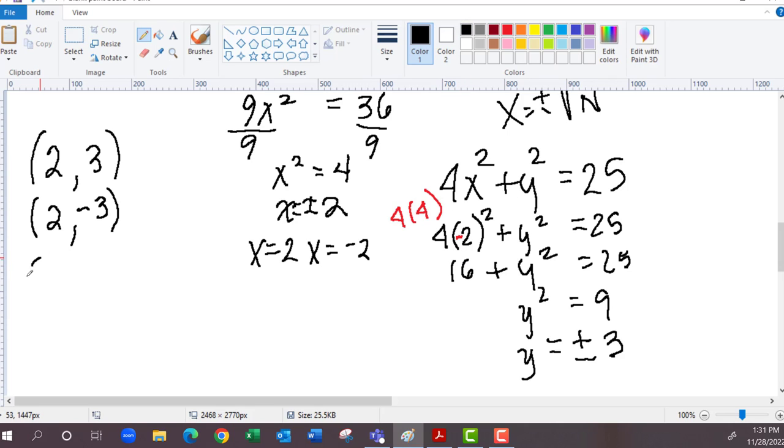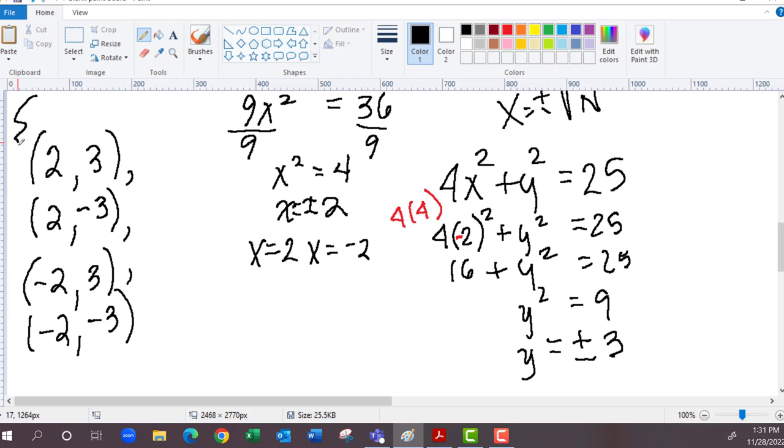So when I put in -2, I'll get a 3, and -2 will give me a -3, because this is going to work out exactly the same as it did before. So in this case, there are 4 points where these two curves intersect. So (2, 3), (2, -3), (-2, 3), (-2, -3) is our solution set for this example.